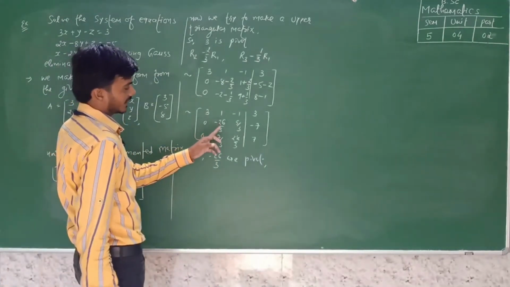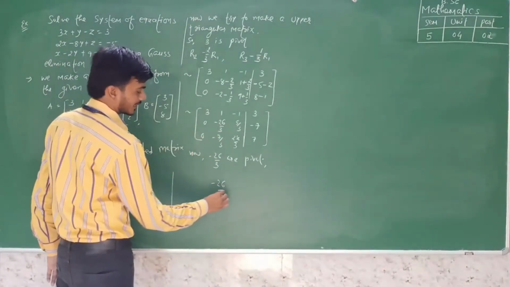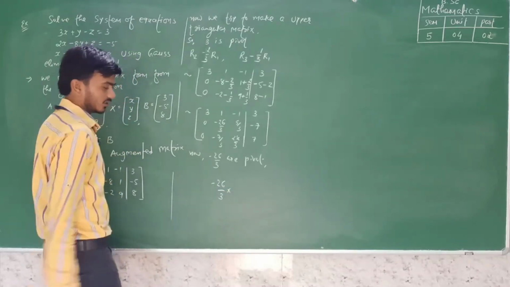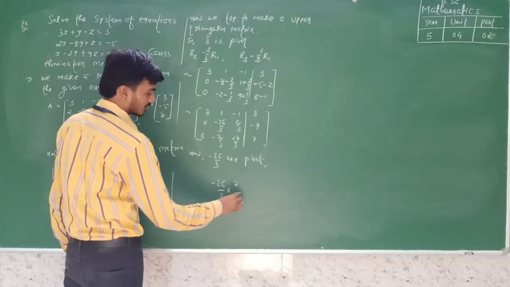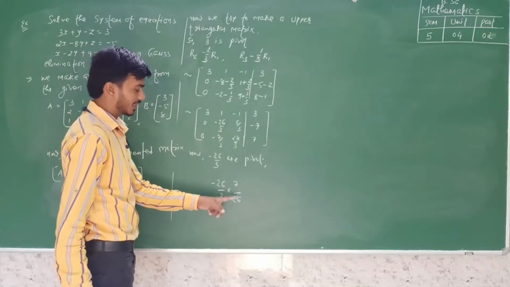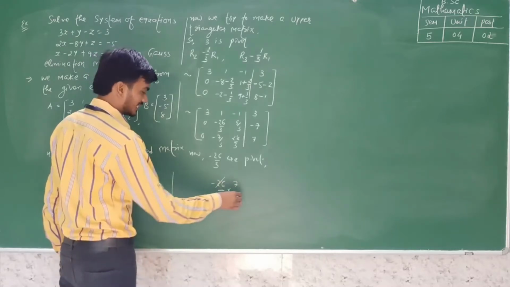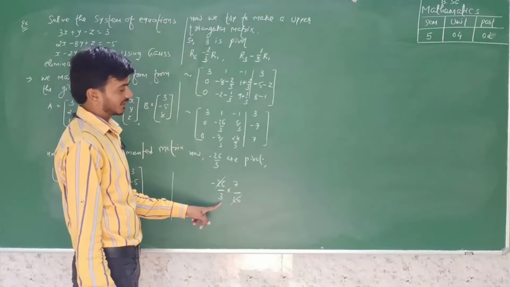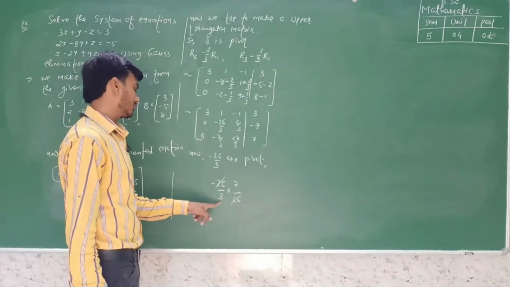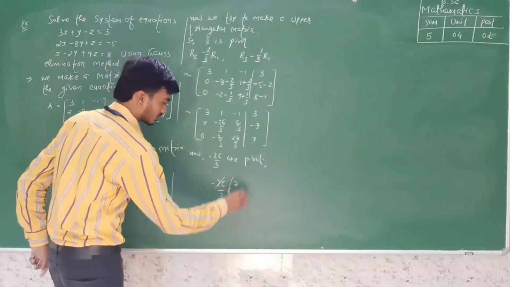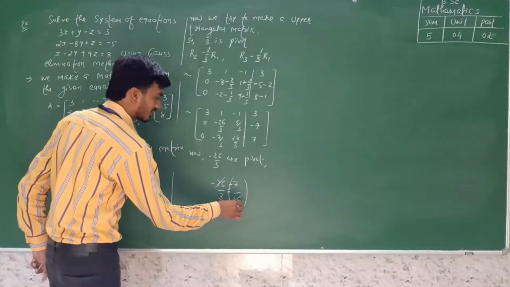So minus 20 by 6, minus 26 by 3 into 7 by 26. This value can be multiplied by this value. So 26 cancel. Minus 7 by 3 will remain. This minus 7 by 3 will be added in this. So this is not 0. So minus 7 by 26.